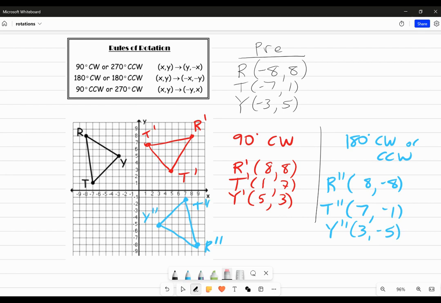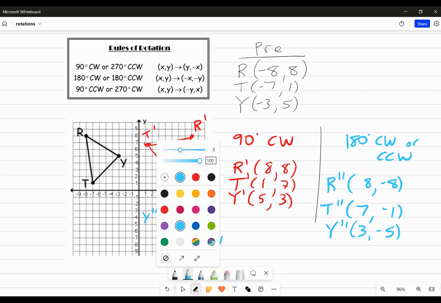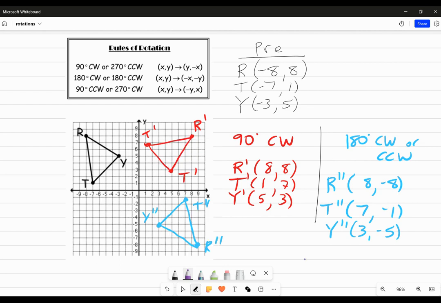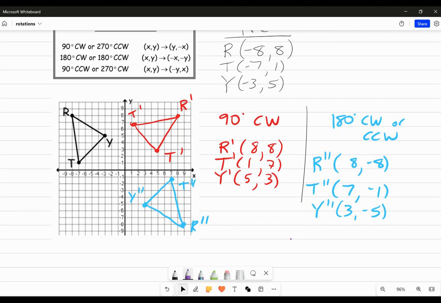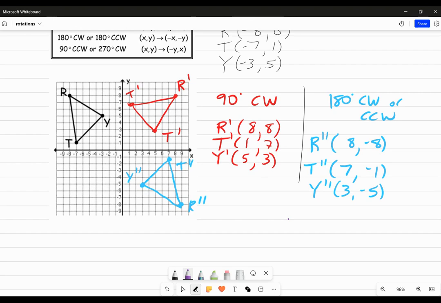All right, the last one we're going to look at, I'm going to do in a third color. I'll use purple. We're going to do the 90 degrees counterclockwise and see where that ends up. So again, remember with the rules, always try to envision where you see the shape going.